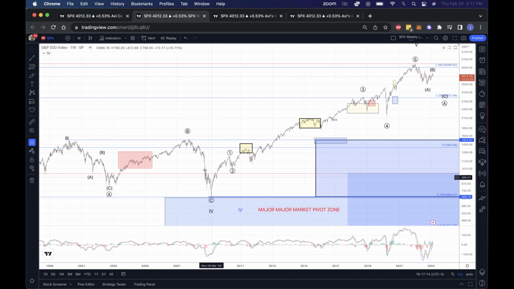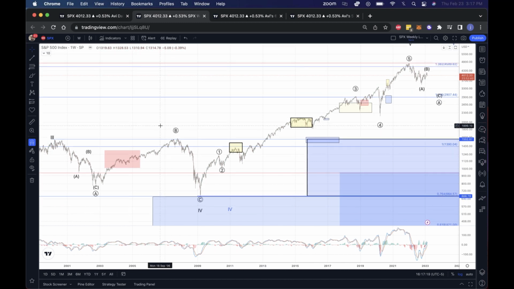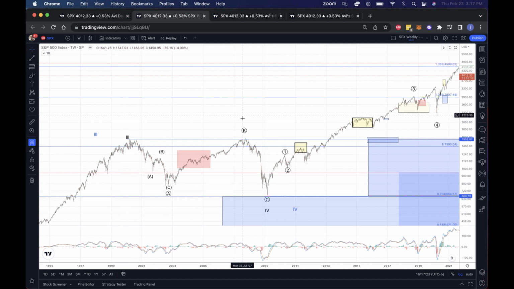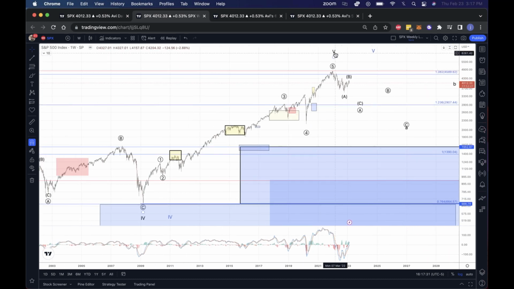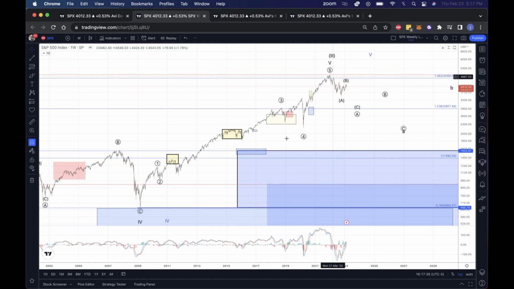So we have a much larger trend upwards in the S&P 500, and we had a 3-wave move into the 2009 low as a larger cycle 4 correction. And so we've been looking for a movement in the cycle 5 off of the 2009 low.